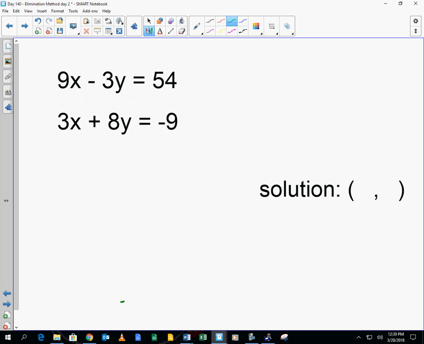For the next problem, please write 9x minus 3y equals 54. And please write 3x plus 8y equals negative 9. Shadir is going to help us walk through this problem together because she is a genius.